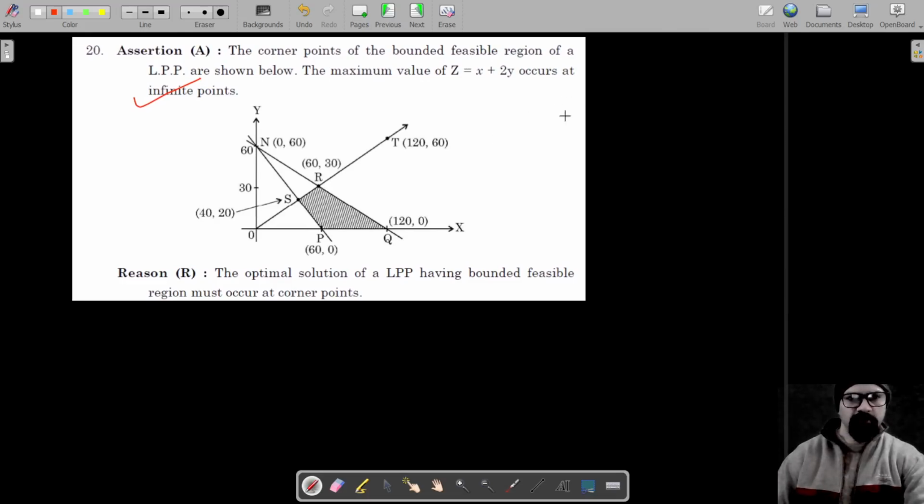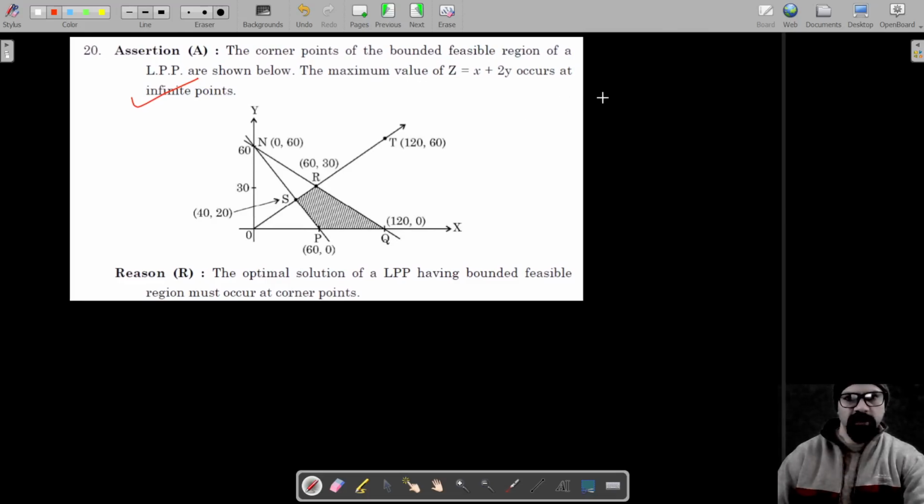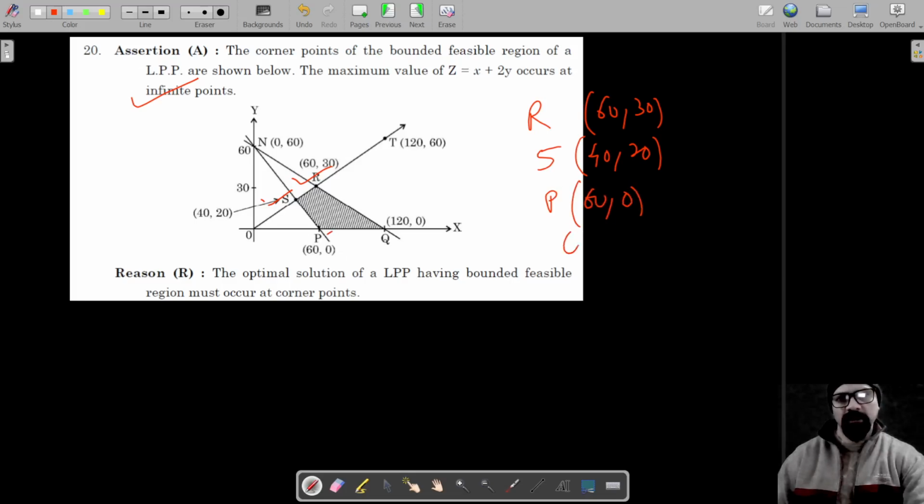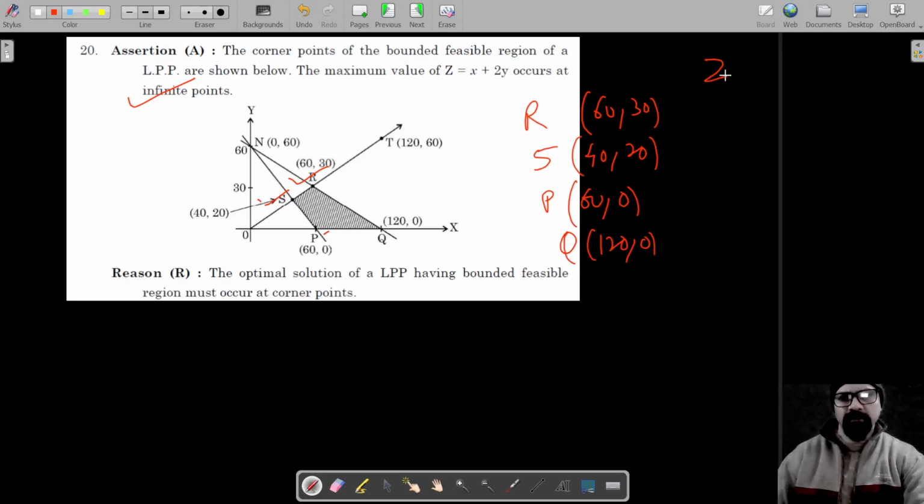So let me write down the corner points. Our corner points are, first, R, which is (60, 30), then S, which is (40, 20), then P, which is (60, 0), and then Q, which is (120, 0). And let's find the value of Z at all these corner points.